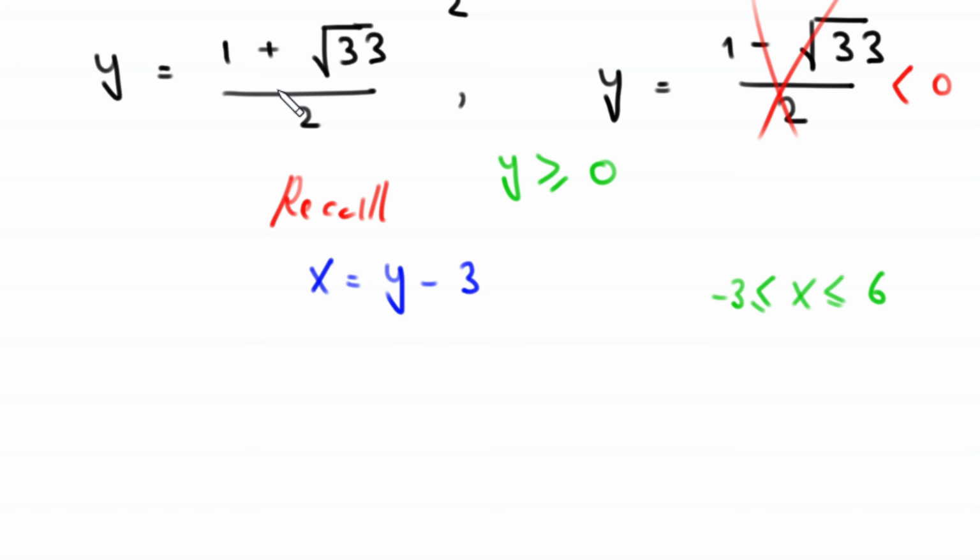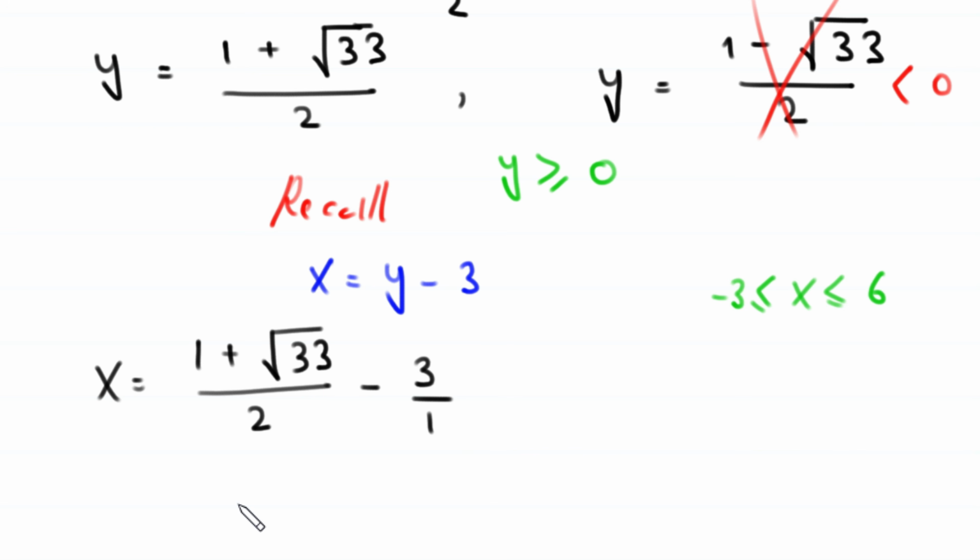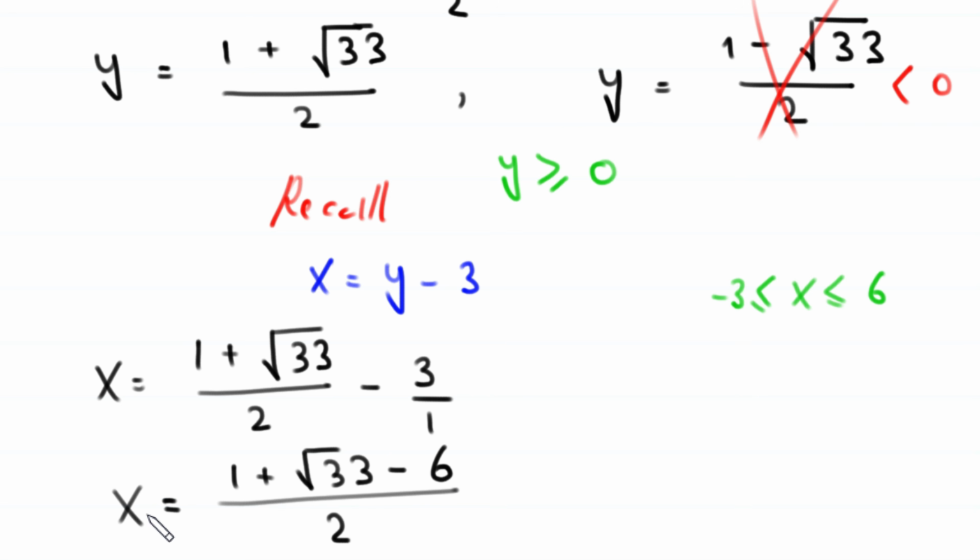Since y is this expression, x will be equal to 1 plus root 33 divided by 2 minus 3. Can write denominator 1 and take LCM. LCM is 2, so this will become 1 plus root 33 minus 6. This is equal to x.